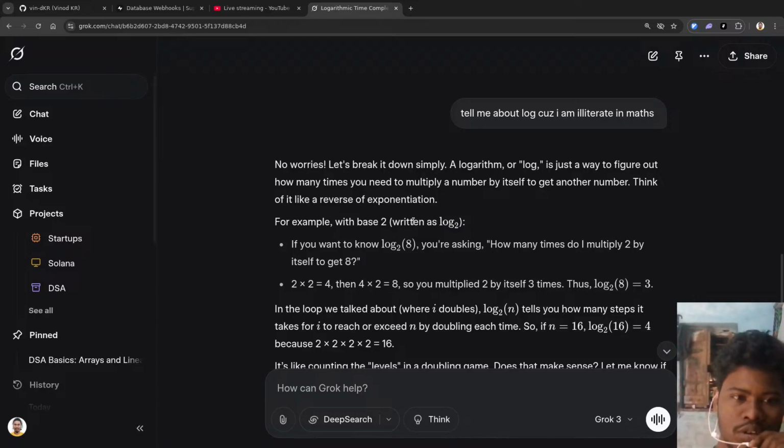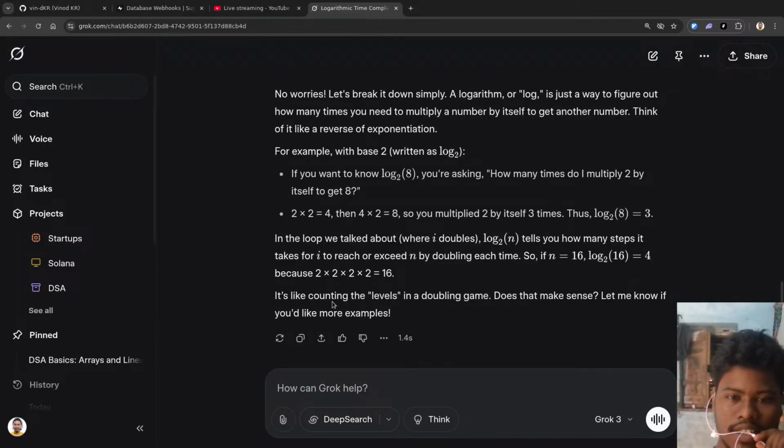You're asking how many times do I multiply 2 by itself to get 8? That means 2 multiplied 3 times is 8. So log base 2 of 8, no, not that one. It's like counting the levels in a doubling game. That makes sense.